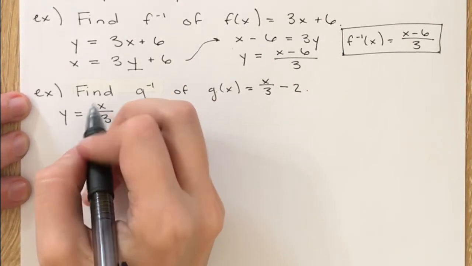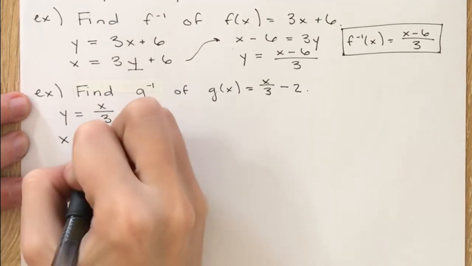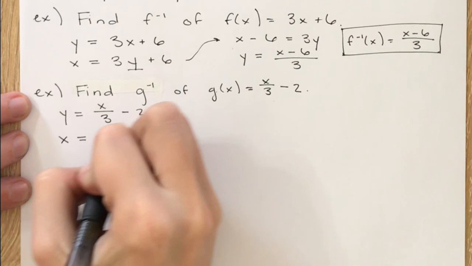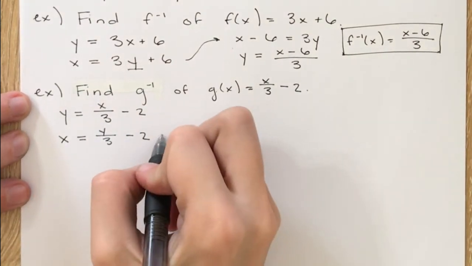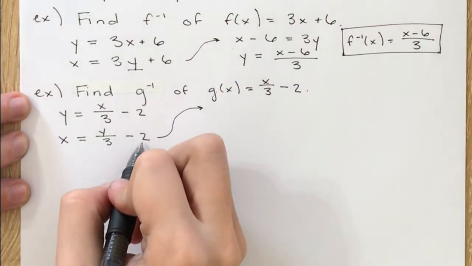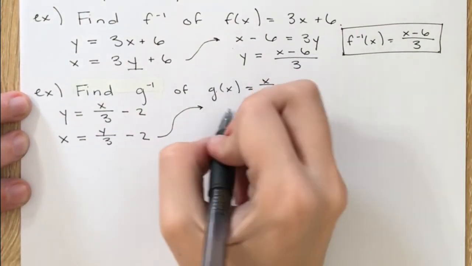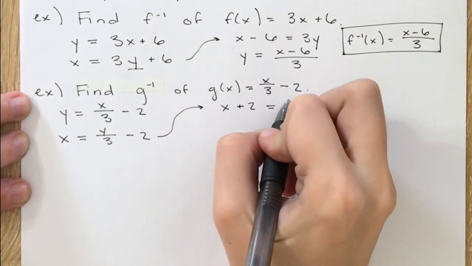Now we swap our input and output variables, so we end up with x equals y over 3 minus 2. Now we want to solve for y, so we continue. We can add 2 to both sides, so we end up with x plus 2 equals y over 3.